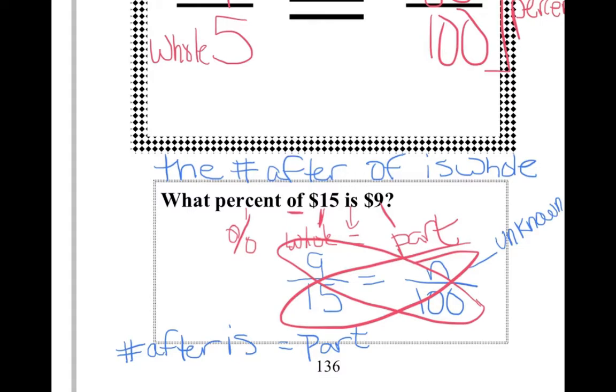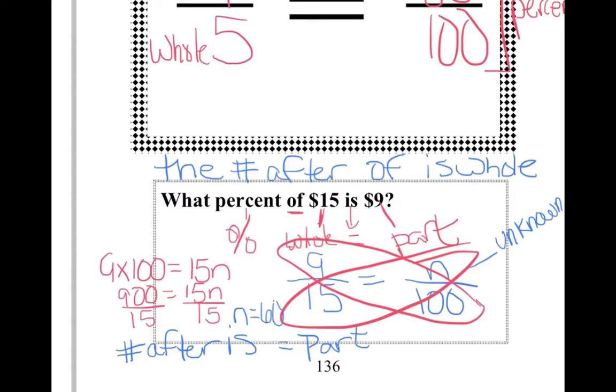So we have 9 times 100 equals 15n. 900 equals 15n. We undo it by dividing both sides by 15, and we end up with our final answer, n equals 60. So the answer to the question is 9 is 60% of 15.